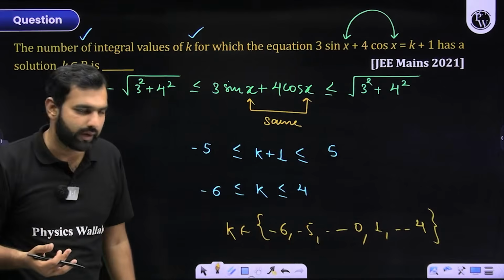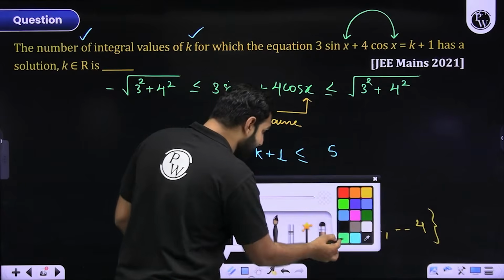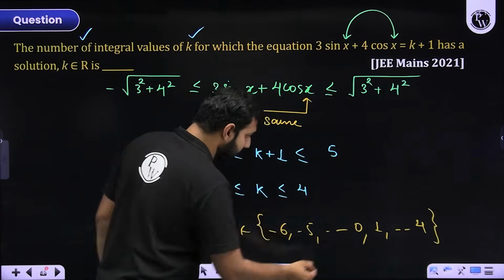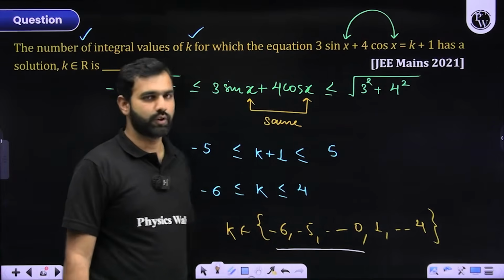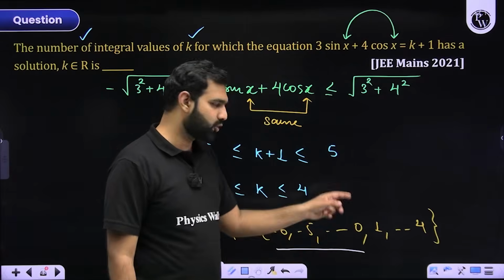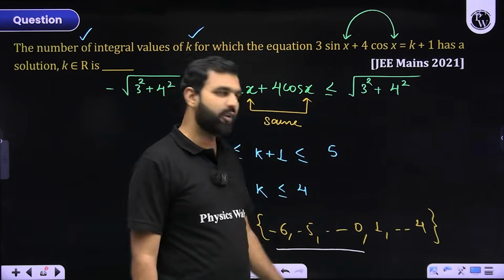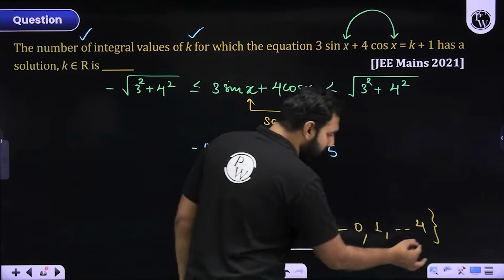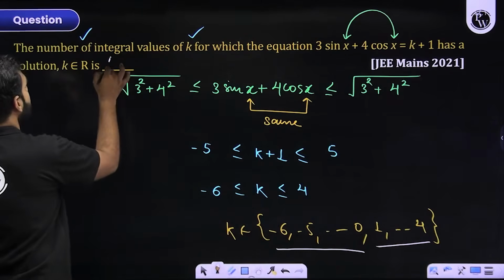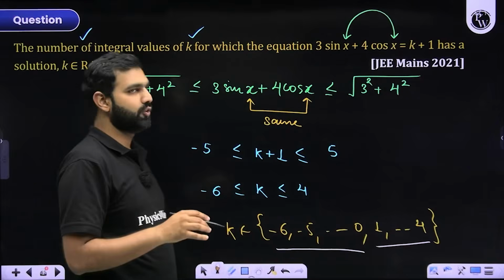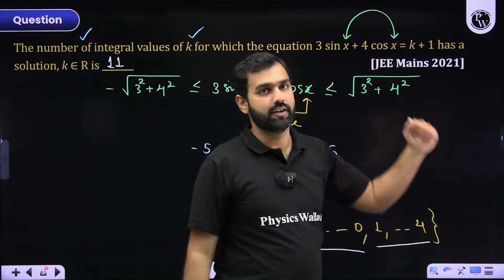If I were to calculate the number of integral values from here, would you not say, sir, from minus 6 to 0, these will be 7, because minus 6 to minus 1 are 6 integers, 0 will be the 7th integer, and 7 plus these 4 integers will be total 11 integers. So my answer will be, there are 11 integral values of k for which this will have a solution.